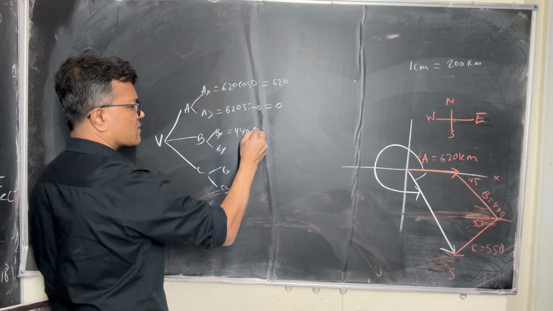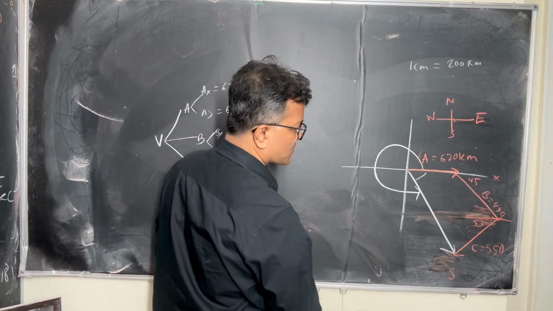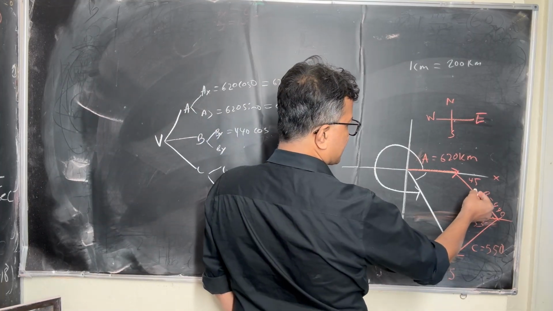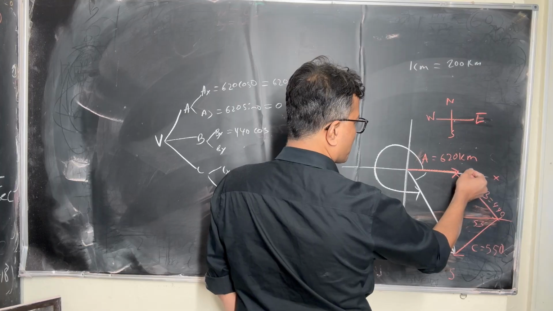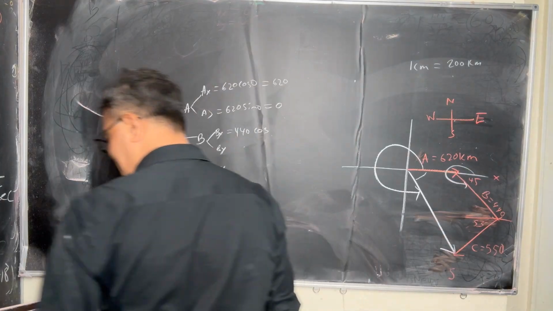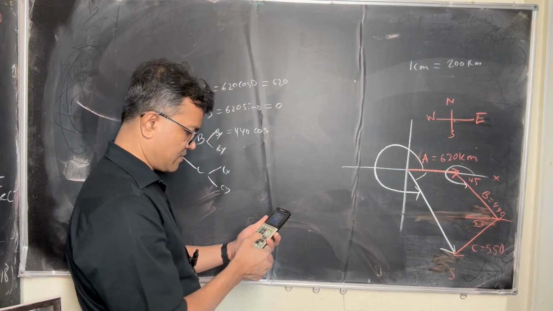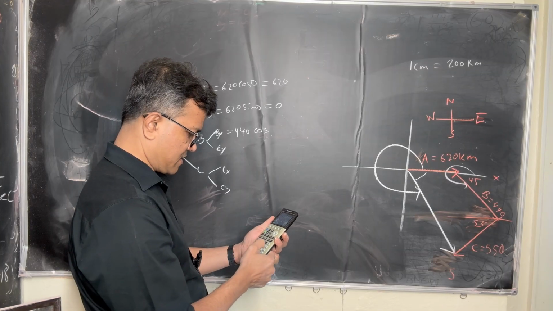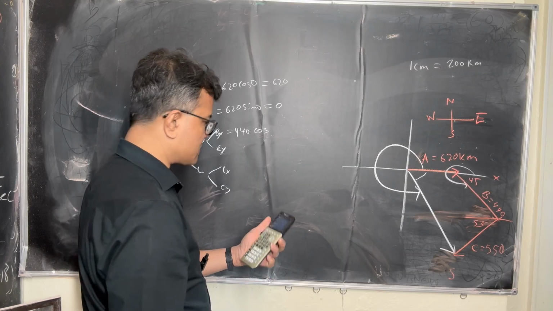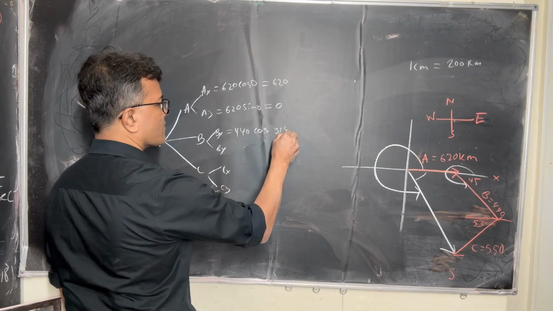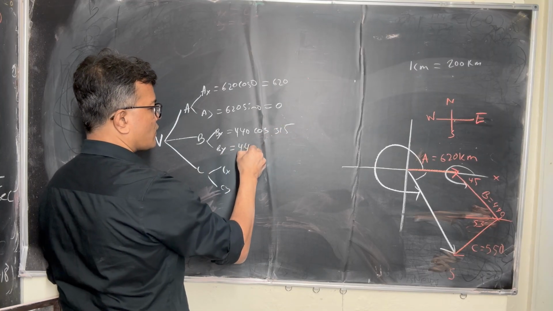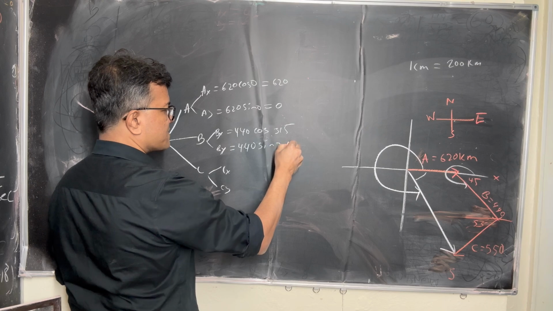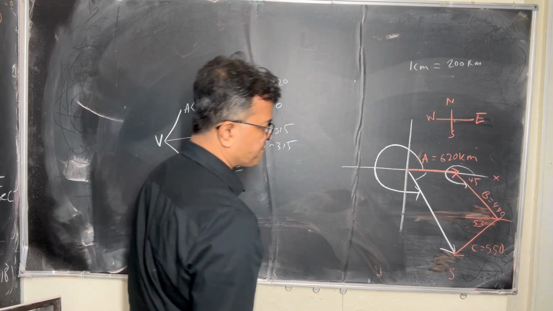Then 440 cosine, and we're going to take this one. 360 minus 45, and that is 315. 440 sine 315.